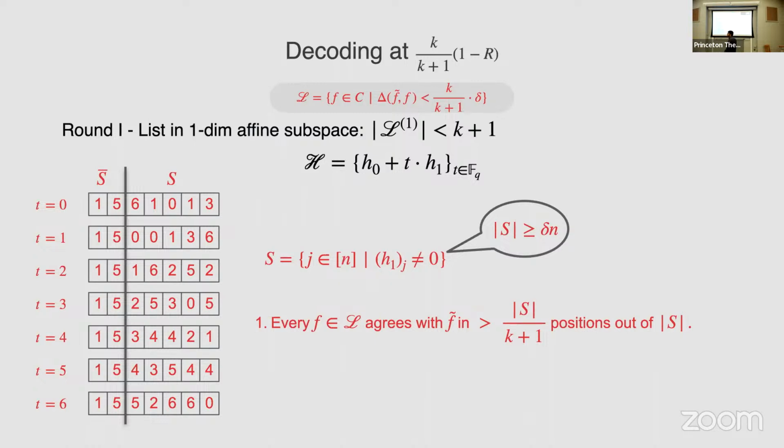It's not an arbitrary one-dimensional subspace. Yeah, so this one-dimensional affine subspace is only, for example, of low-degree polynomials. So everything here is a low-degree polynomial in particular. So these are all codewords.